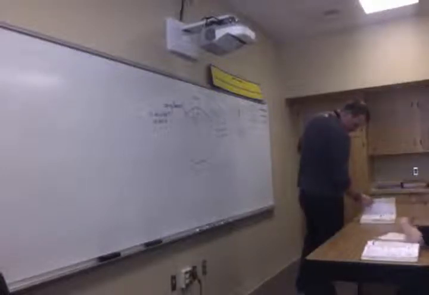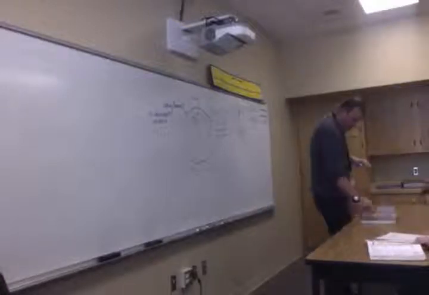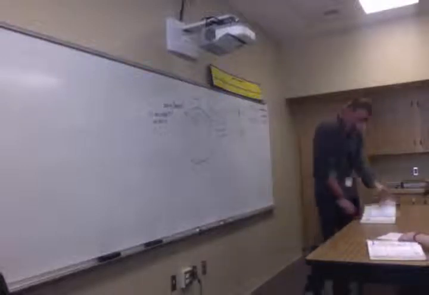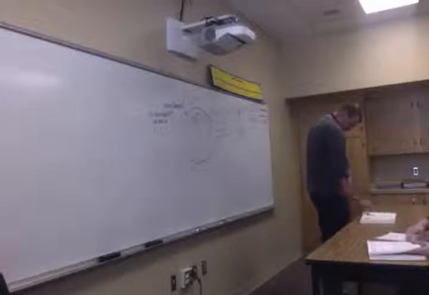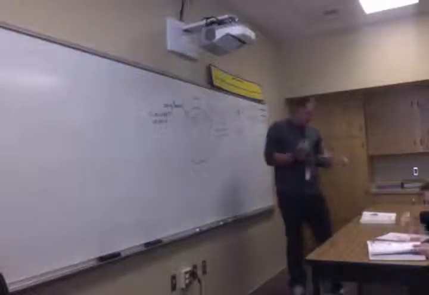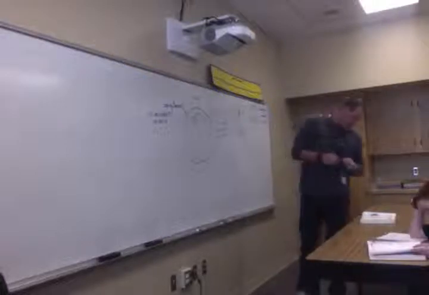Okay. So turn your book all the way back to page 290. Okay. 290. It tells us that the diameter is the distance across the circle through the center.